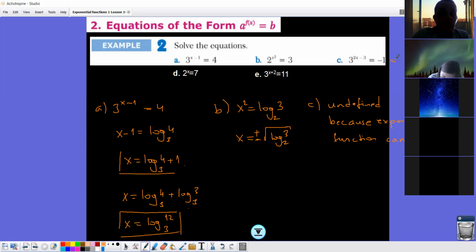No, because look, when you are converting it to the logarithmic form, you have 2x minus 3 is equal to logarithm of -1 to the base 3. What we said in the definition of logarithm, the argument cannot be negative. It cannot be less than 0. So because of that, you don't have any solution for this.